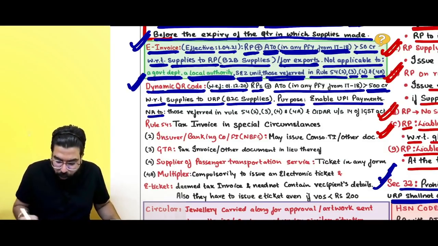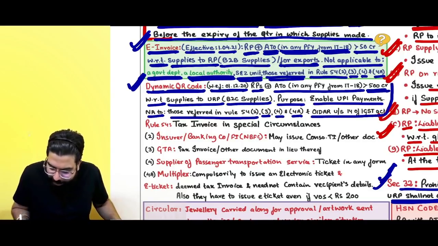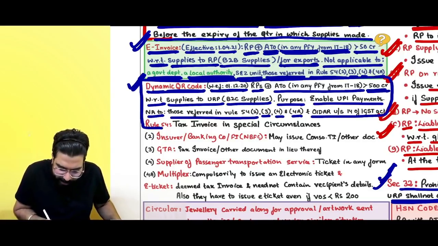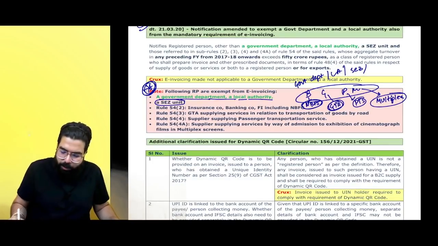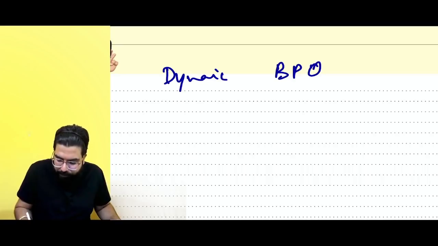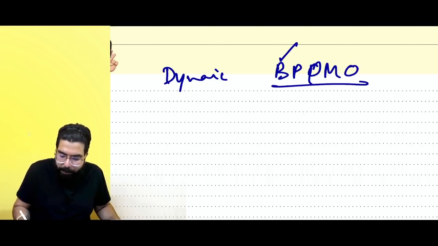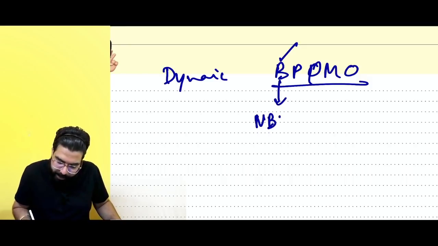Not applicable to those who are referred to in Rule 54(2), (3), (4), (4A): BGPM plus OIDAR. Remember always OIDAR. So it is not applicable. Dynamic QR code is not applicable in whose case? Dynamic QR code is not applicable if you are BGPMO. B for banking company, so I will go ahead and say banking company means NBFC.